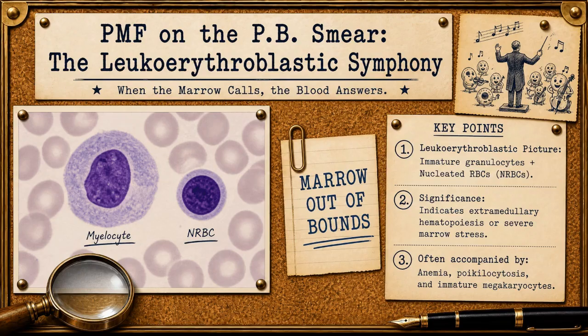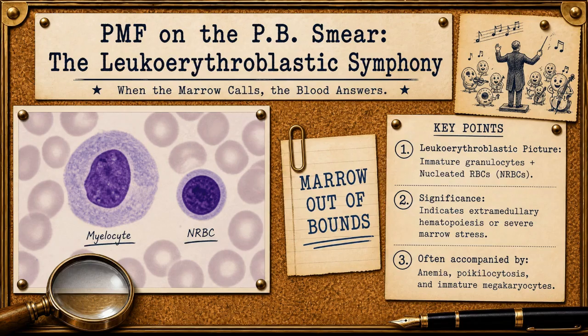It's defined by the simultaneous presence of immature granulocytes, we're talking myelocytes, metamyelocytes, and even promyelocytes, and nucleated red blood cells, NRBCs, in the peripheral blood. Normally, these cells are confined to the bone marrow, diligently maturing before they're released into circulation. Their appearance in the peripheral blood is a clear sign that something is seriously amiss in the bone marrow.